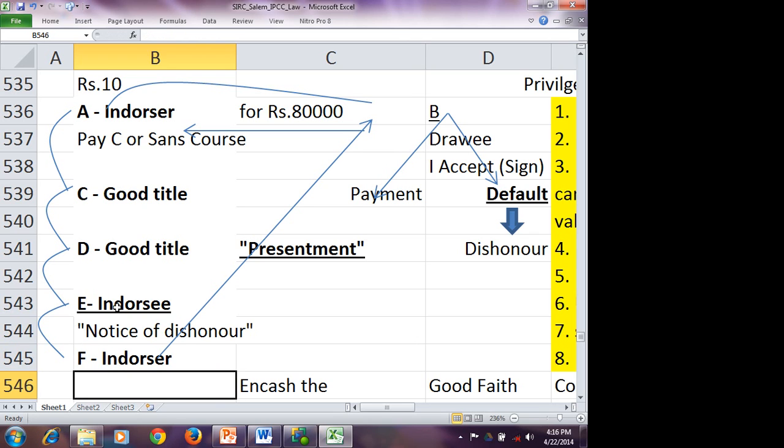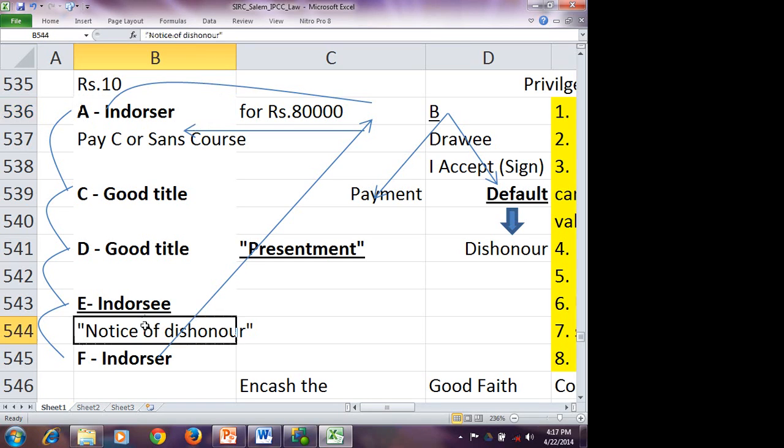Or rather, the endorser's duty is to serve the notice of dishonor to the endorsee. Similarly, E has to serve notice of dishonor up to the drawer. The drawer or the endorser can never be liable unless you serve a notice of dishonor. Even in case of dishonor of a cheque, the payee is required to serve a notice of dishonor to the drawer within a period of 30 days.